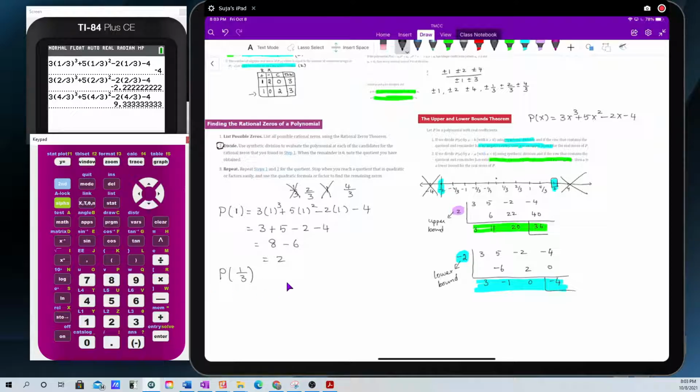Ooh, 4/3 didn't work either. So one of the things that's clear for me is that the positive zero is not going to be a rational zero. It could be an irrational number that I may get only if I go through the quadratic process. So let me hold here for a second and stop this.